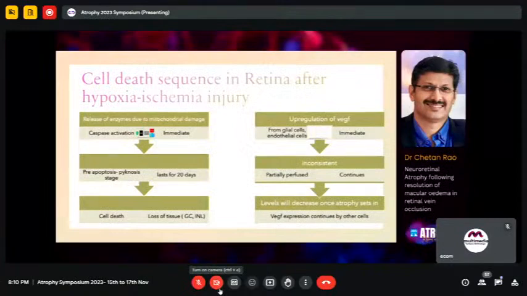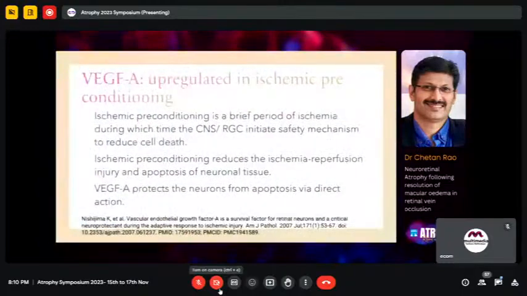Neuroprotection starts with upregulation of VEGF, and the response is inconsistent as it depends on the injured vessels that remain perfused, and the levels decrease once endothelial cells are dead. But there are other cells like glial cells that continue to secrete VEGF. VEGF-A plays a neuroprotectant role by direct action on retinal ganglion cells.